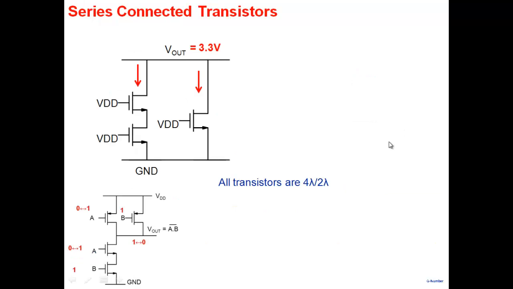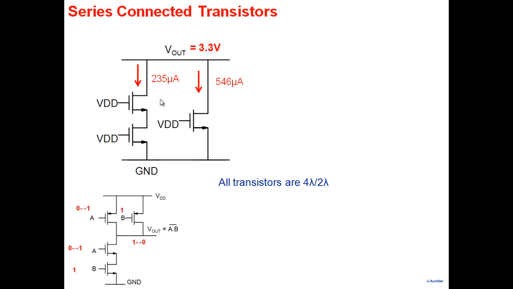With that in mind, we had shown this graph, this diagram here. If all transistors are 4 lambda by 2 lambda, this is my inverter's pull down, and this is my NAND gate's pull down network, with VDD at both the inputs. If I compare the two currents, they came out to be 546 and 236 here. I can do analytical calculations also.